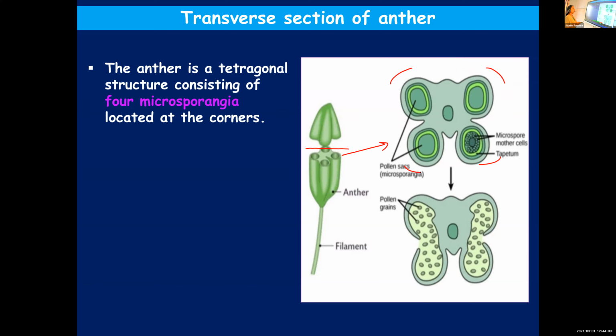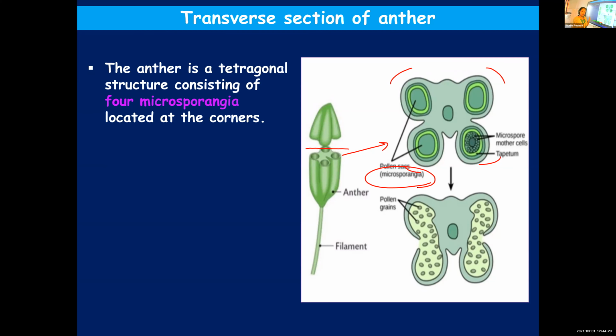And in each of the corners, what you see is microsporangium. Plural is microsporangia, which will form pollen sacs where pollen grains are produced. So each corner has one microsporangium.